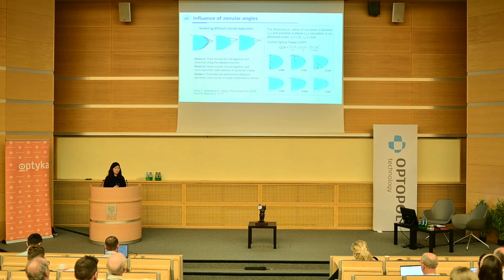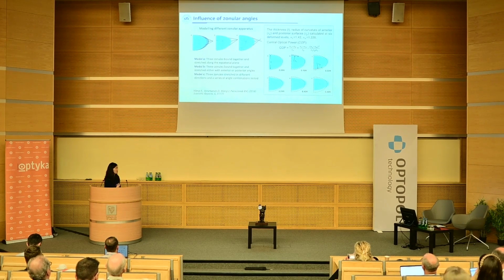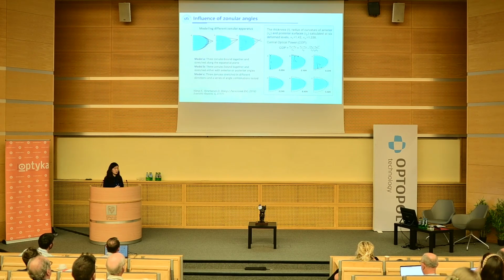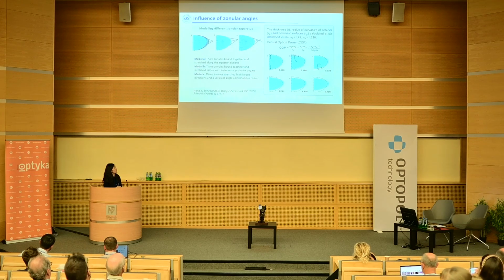So to understand the zonular functions, we started to model the zonular angles. And we first considered 3 different zonular apparatus. The first one is the one adopted in most studies, which combines the 3 zonules into a single stretching point and stretches the zonule along the horizontal direction.